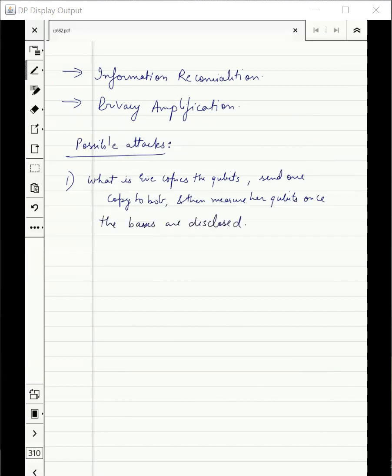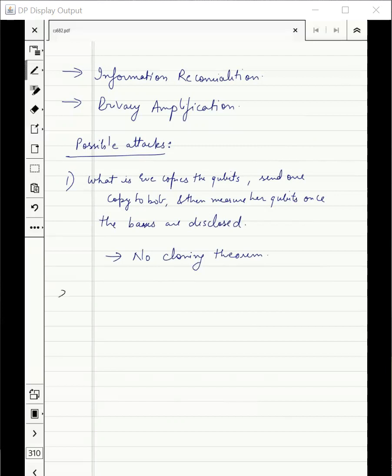This is something which could definitely be done classically. What stops Eve from doing this? Why can't Eve do this? No-cloning theorem. Right, simple. Because of the no-cloning theorem, obviously Eve can't copy the qubits.